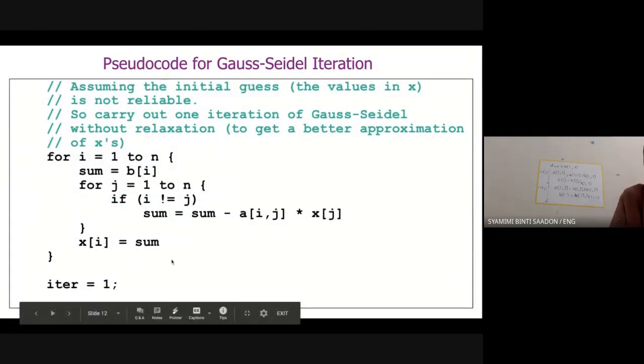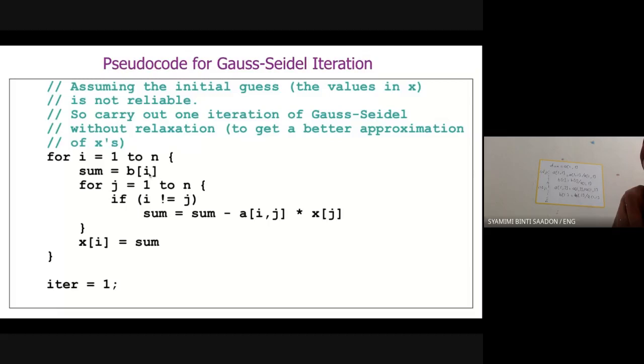Okay. So for i 1 to n, the sum is the matrix B, Bi. So if i is not equals to j, means that for the first round i1, j1, if we encounter this one where i and j are equal, then we won't proceed this step.